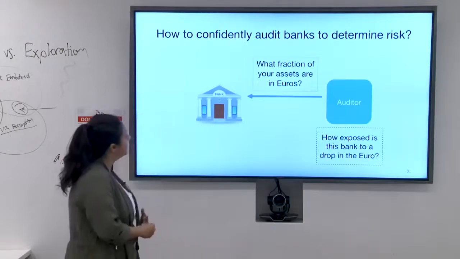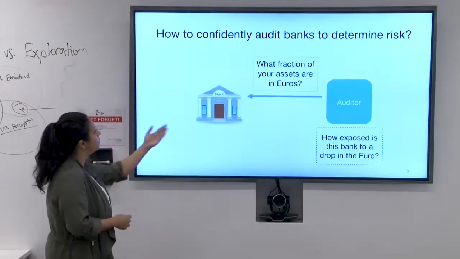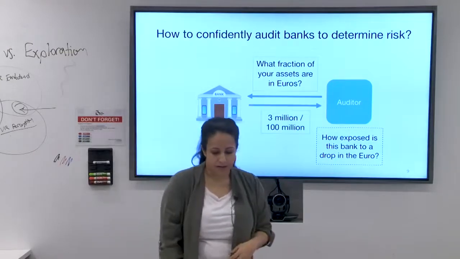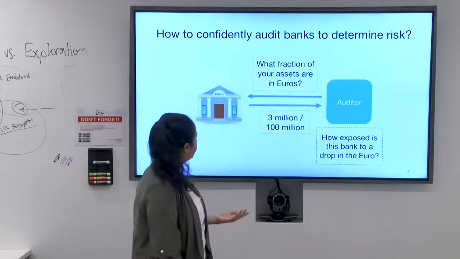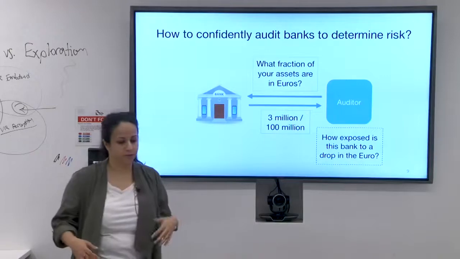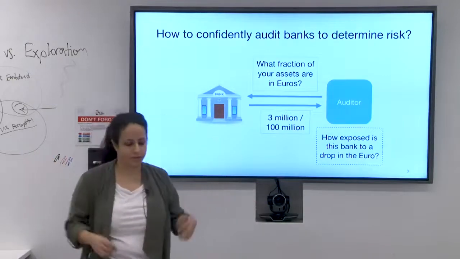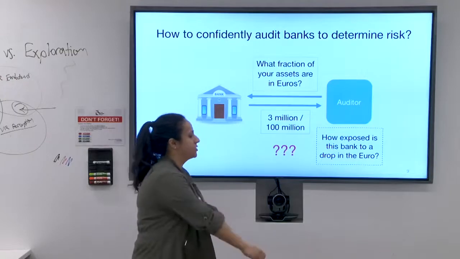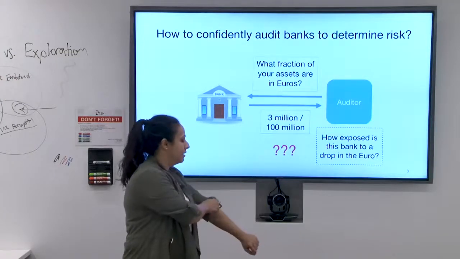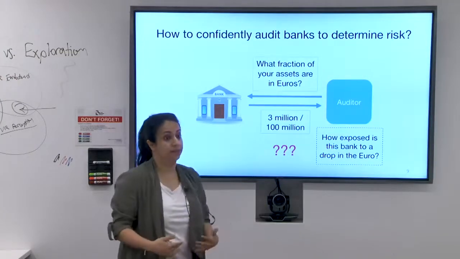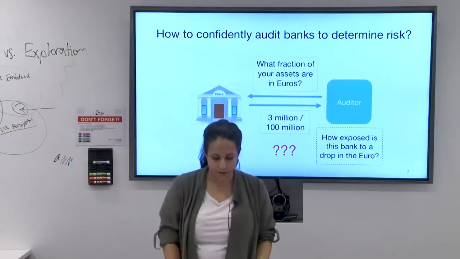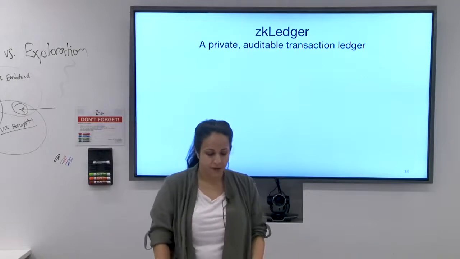In ZkLedger, the auditor can ask a question like, what fraction of your assets are in euros? And the bank might respond, 3 million out of 100 million. So 3 million euros, $100 million, something like that. But by simply asking this question, the auditor doesn't get any assurance that this answer is correct. And so this is the nugget of the problem that we are trying to solve.